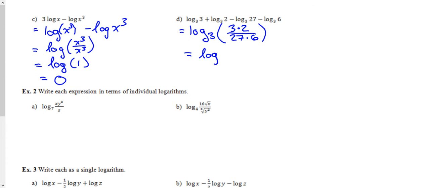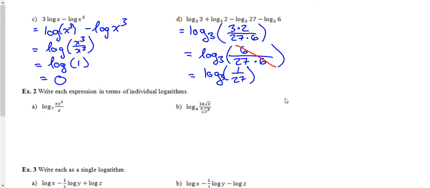So we have log base 3 of 6 in my numerator, 27 times 6 in my denominator. Here my 6s will cancel out, leaving me with log base 3 of 1 over 27, which I can simply rewrite as log base 3 of 3 to the negative 3 exponent.